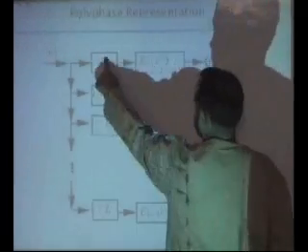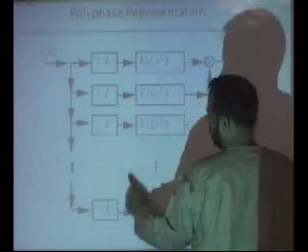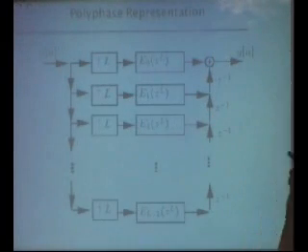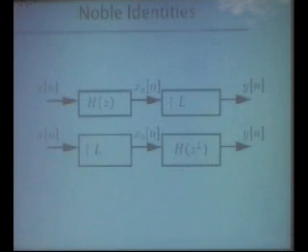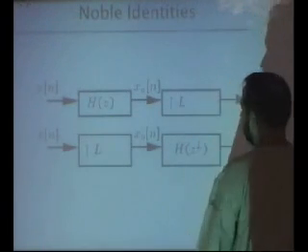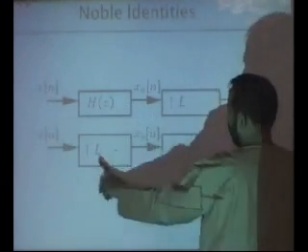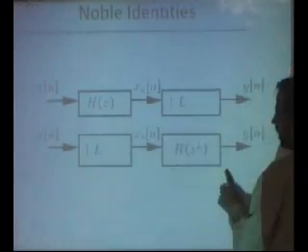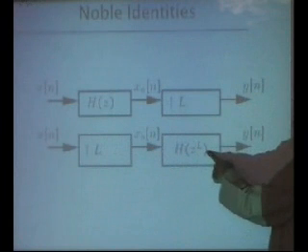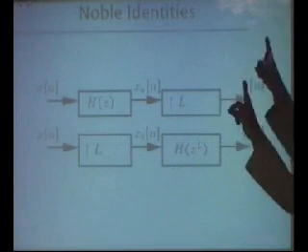So inserting L, so you have here. Then we use a noble identity, which is this. It says that if you bring this on this side, it will eat up this L. That was the reverse of it.